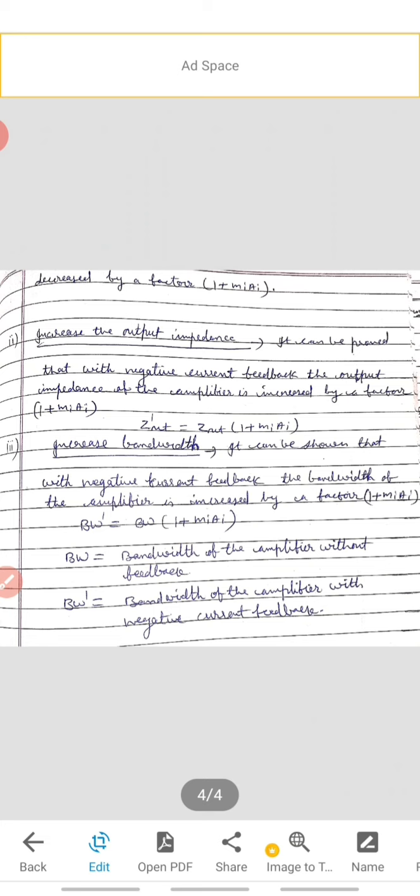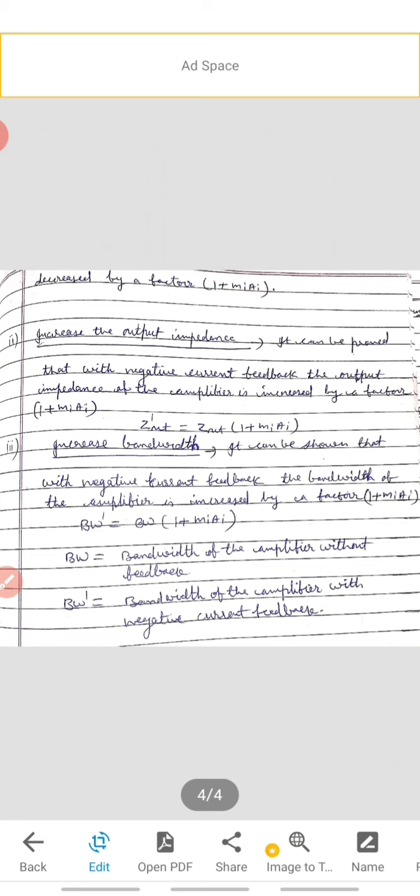Next effect is increase in the output impedance. It can be proved that with negative current feedback, the output impedance of the amplifier is increased by a factor 1 plus MI into AI, and Z dash out is equal to Z out into 1 plus MI into AI.